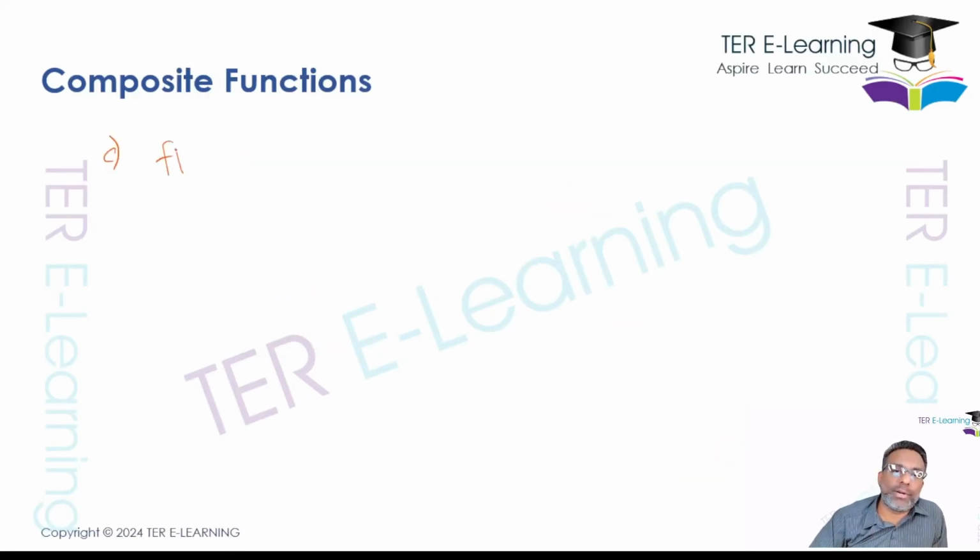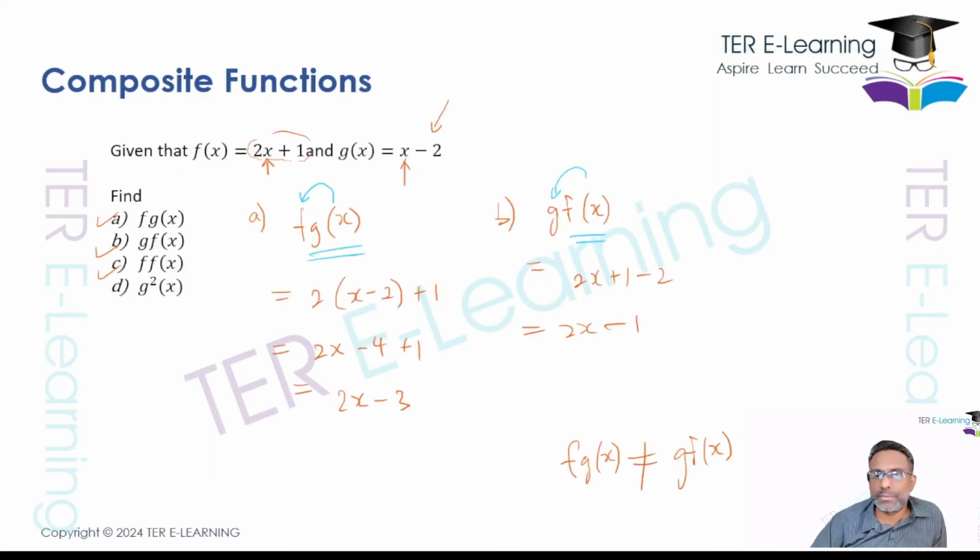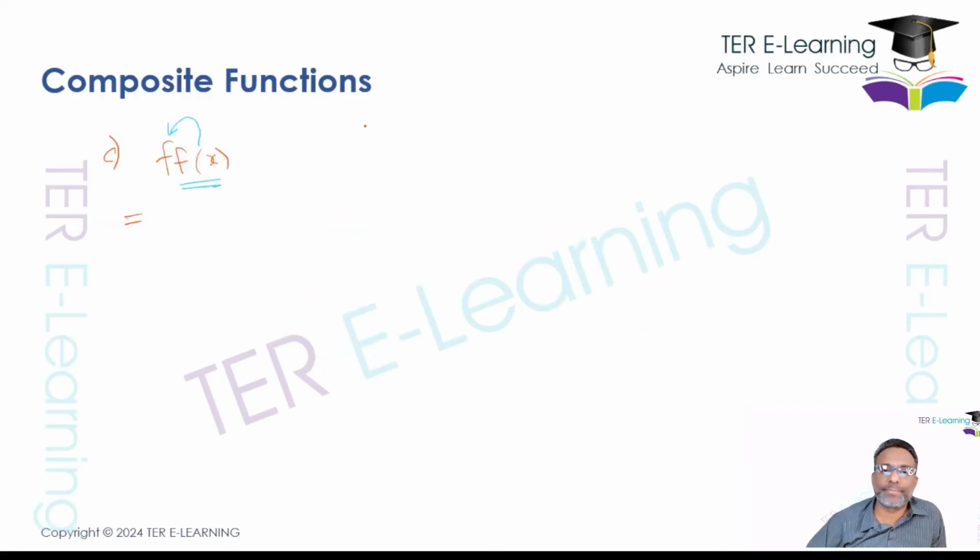And we want to work out f of f of x. That is also a composite function. So what you're going to do is take the function f of x and plug that into itself. Now, f of x was 2x plus 1. I'm going to write it twice here so you all can easily see what's happening.